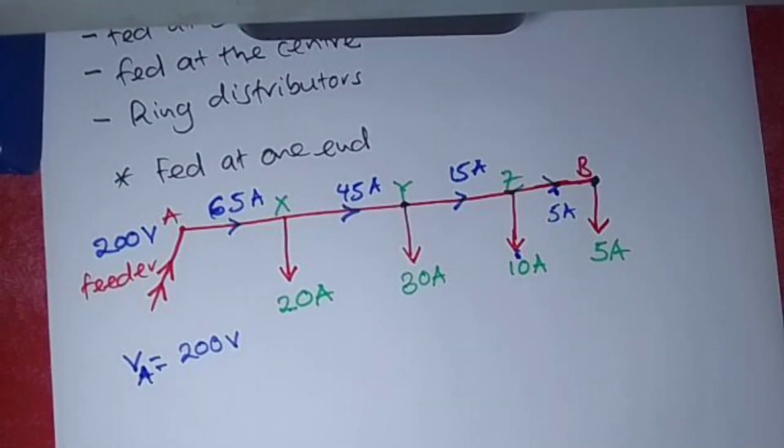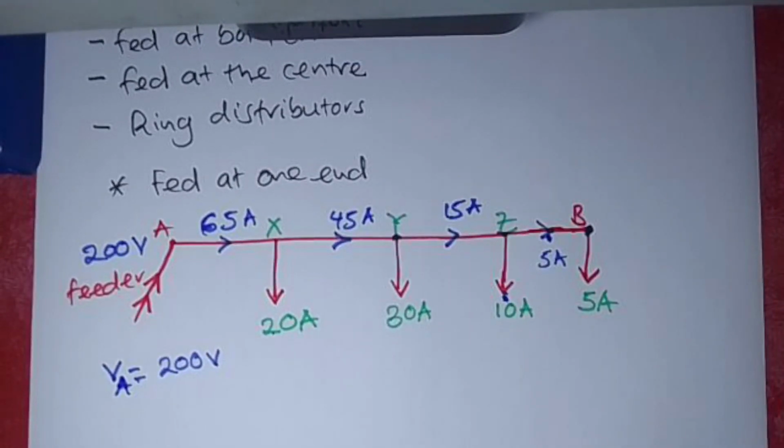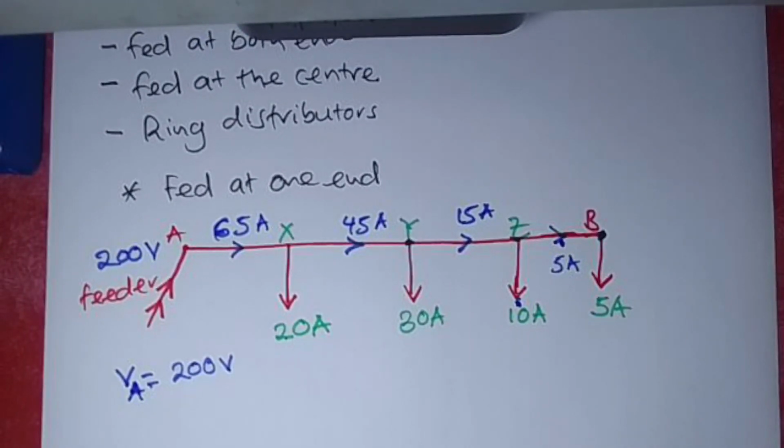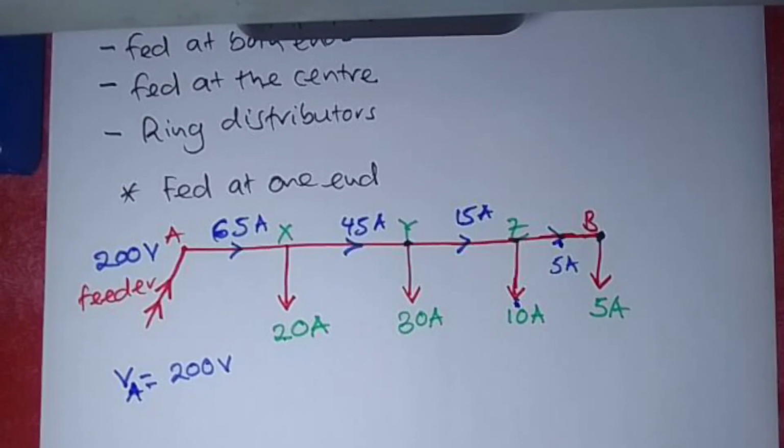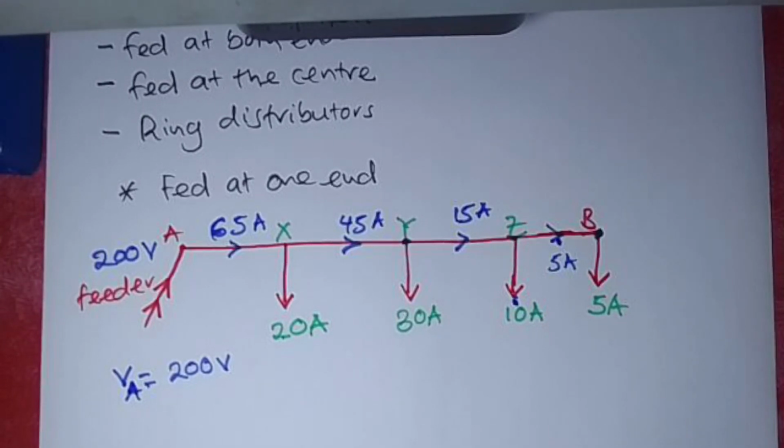Now, along the distributor also we have what we call the resistances of the distributor. These resistances can be given in terms of resistance per conductor, or in terms of resistance of the entire distributor per given length.